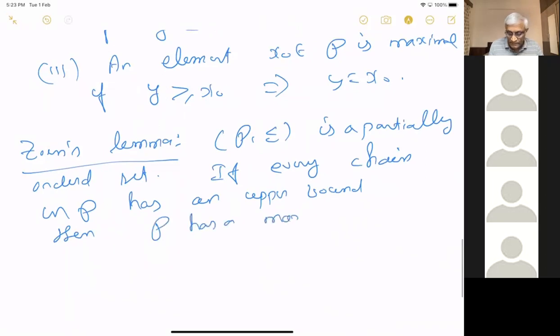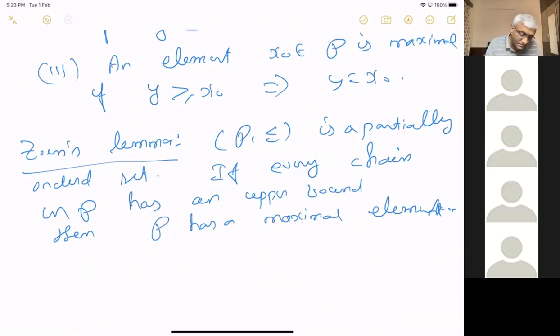That's all. There is no guarantee that a partially ordered set has a maximal element. This just says that if every chain has an upper bound, then it has a maximal element. So to prove that there exists a maximal element, we will prove that every chain has an upper bound. It's just an existence theorem.